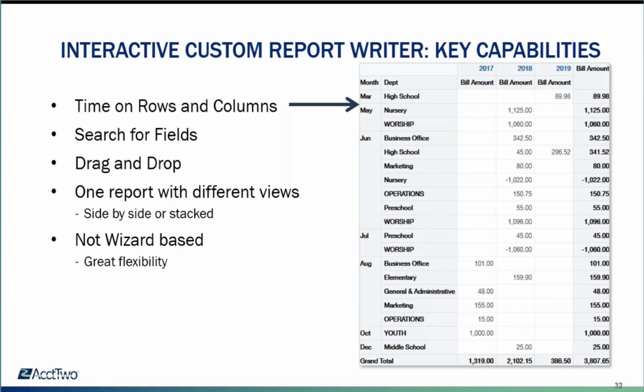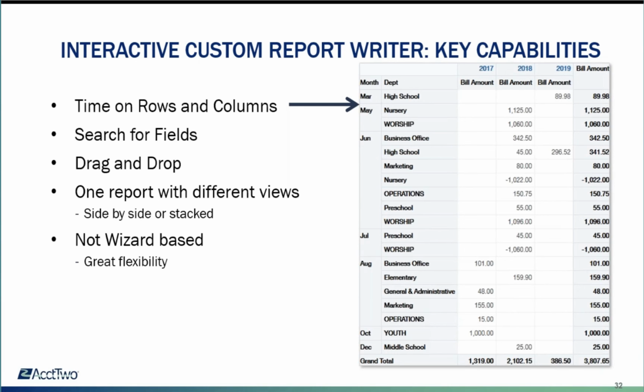You can have one report with many different views. So the typical example may be you'd have a table in detail and then sitting right above it, or to the right of it, or to the left of it, whatever you want, you could have another table that's summary.